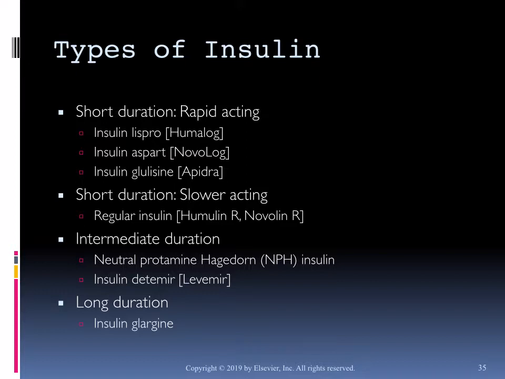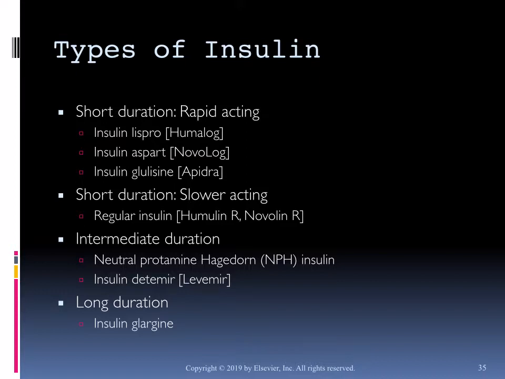And intermediate insulin, NPH insulin, is given sometimes in combination with the regular insulin, like 70/30.